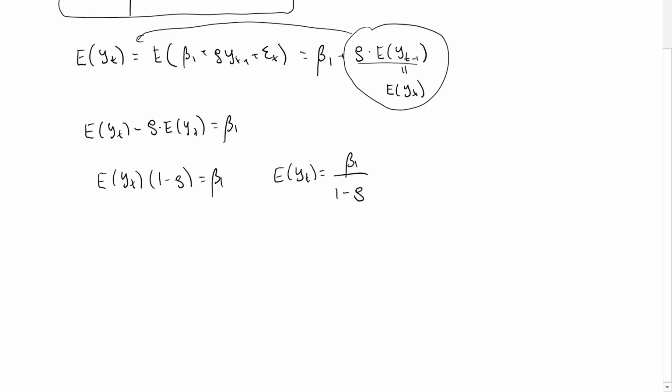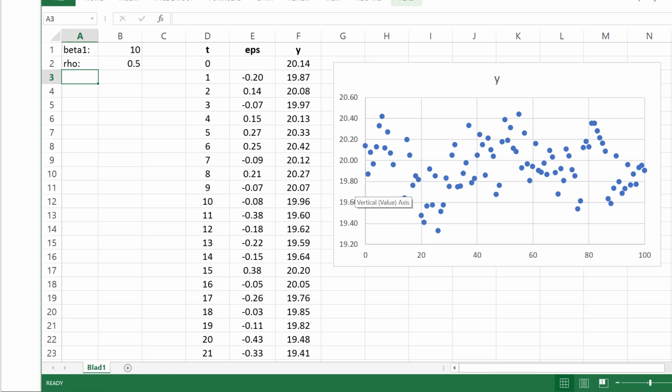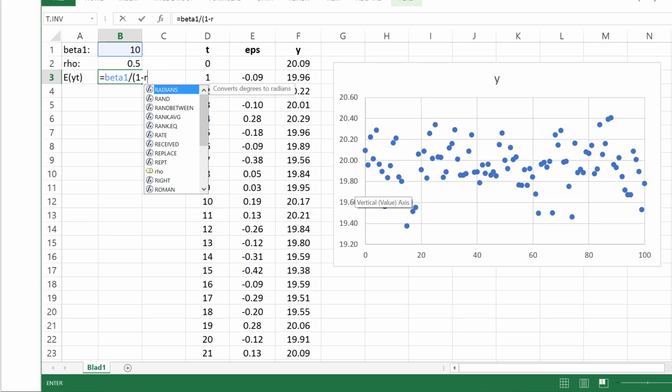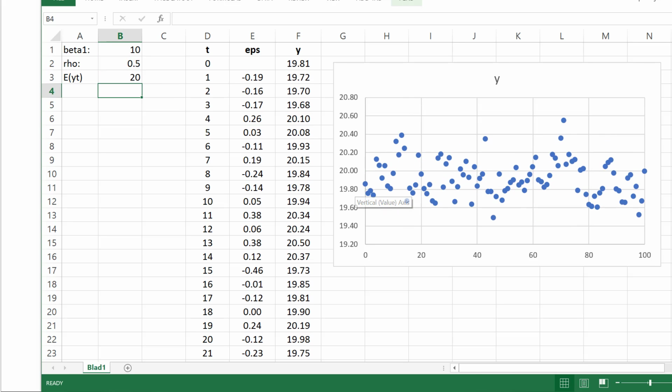So let's check if this makes sense using the simulation study. So let's add expected value of yt here, and according to the formula, it is equal to beta 1 divided by 1 minus rho, like this.